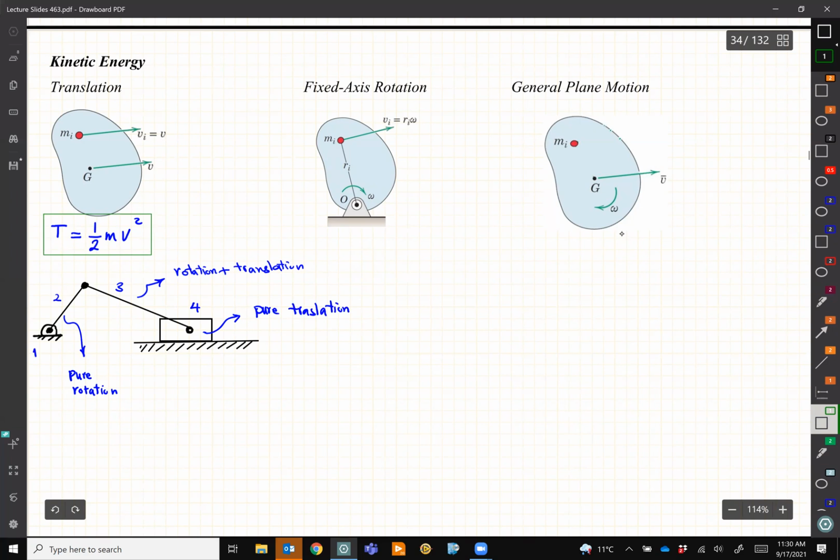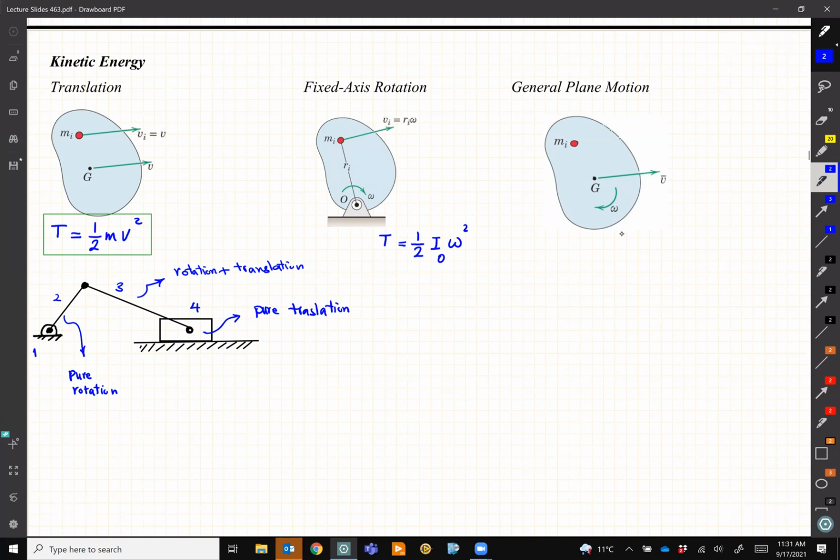When we don't have any rotation, it's just half of m v squared. When we have pure rotation, it's also very easy. T is half of I O omega squared. Remember, moment of inertia about the point that it rotates, not I bar, I O.